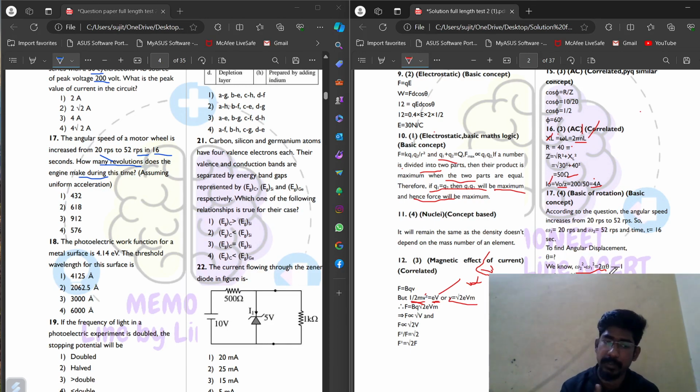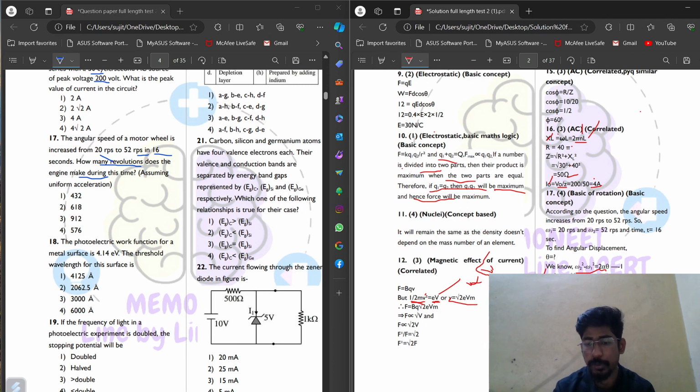So in the place of v put omega 2, in the place of u omega 1, in the place of a put alpha, in the place of s put theta, right? You have to calculate the number of revolutions. Alpha is already calculated, 52 minus 20 by 16, it will be equal to 2, right?